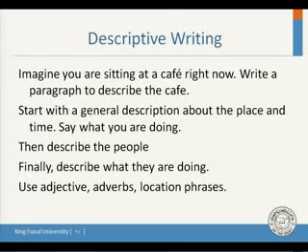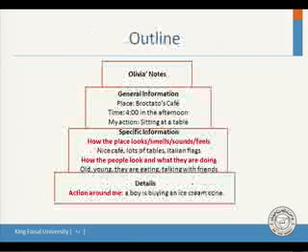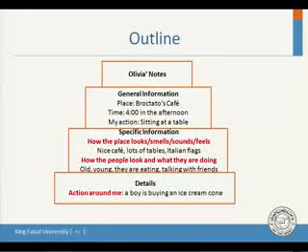And finally, describe what they are doing, what is happening around you. Try to use adjectives. Of course, you should use adjectives, adverbs, and location phrases, just like the examples we have discussed. You can order the information like this.